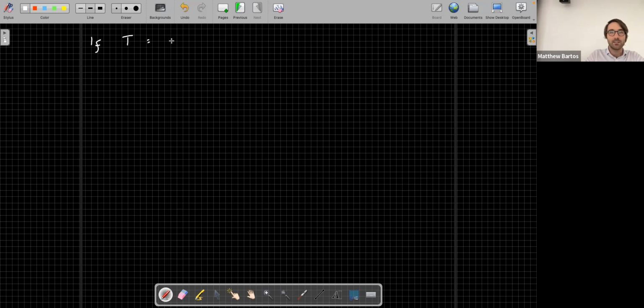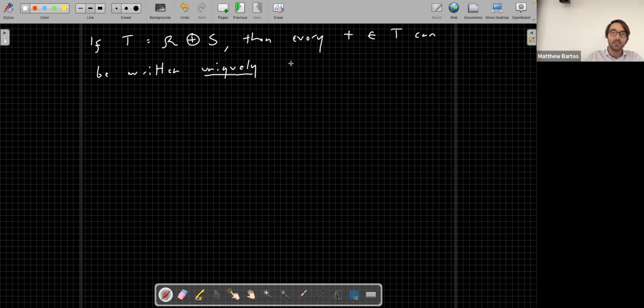If T is equal to the direct sum of R and S, if R and S, in other words, are complements of each other in T, then every vector t in our larger vector space T can be written uniquely in the form t equals r plus s, with little r in big R and little s in big S.